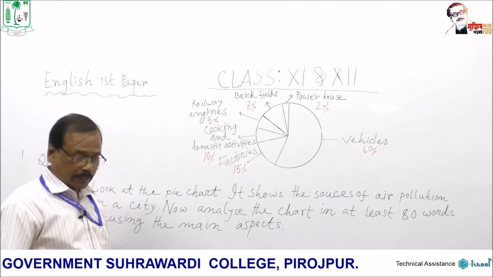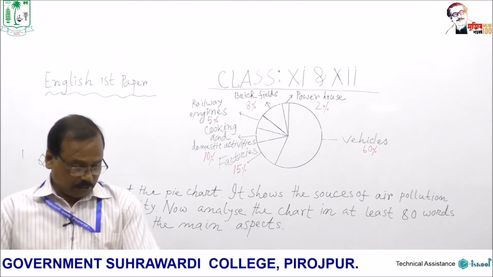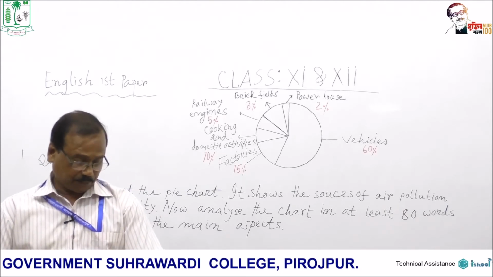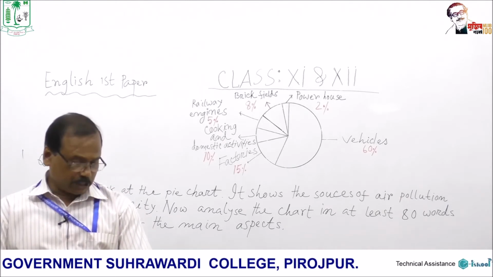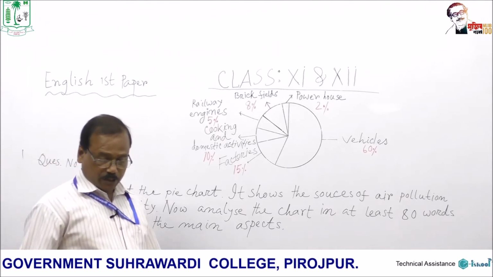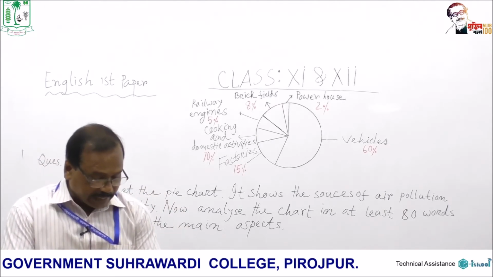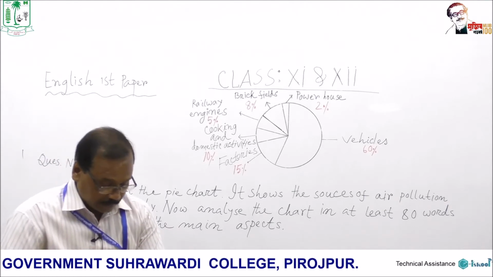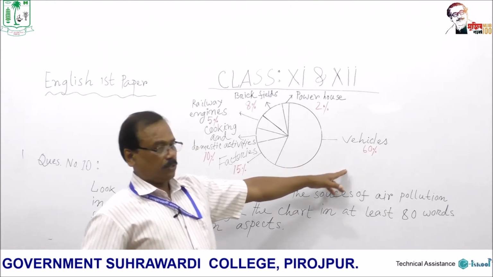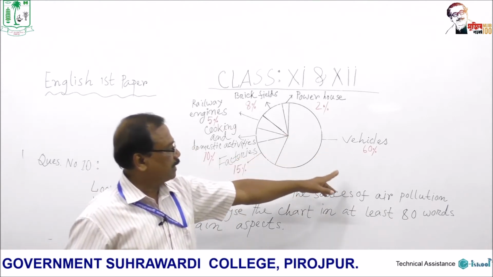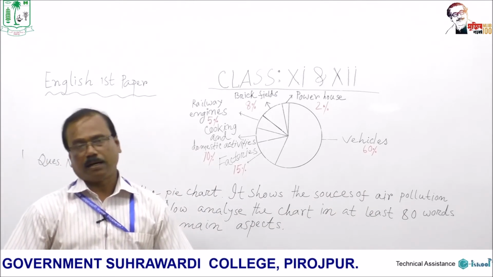The last sentence goes like this: however, it is clearly seen that smoke emitted from different vehicles is mainly responsible for air pollution in a city, because vehicles cover the maximum of the air pollution, that is 60%, more than half the percent.